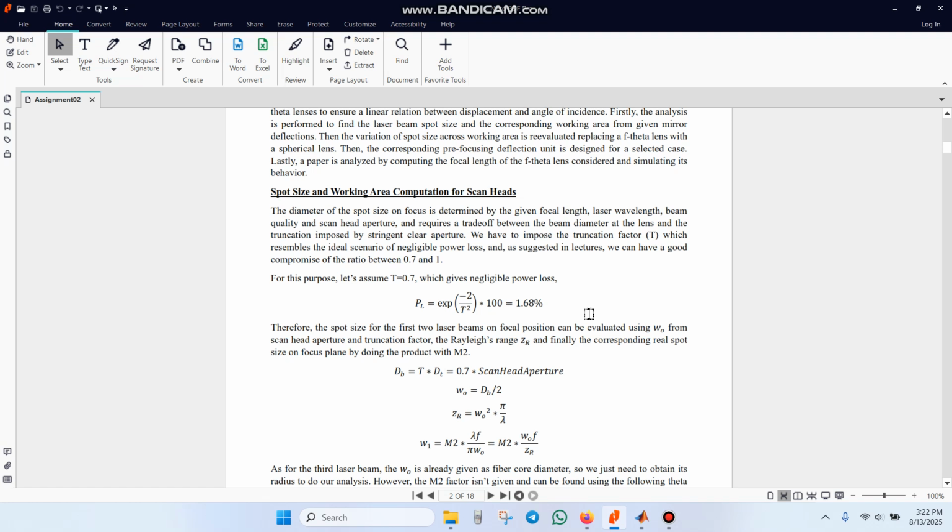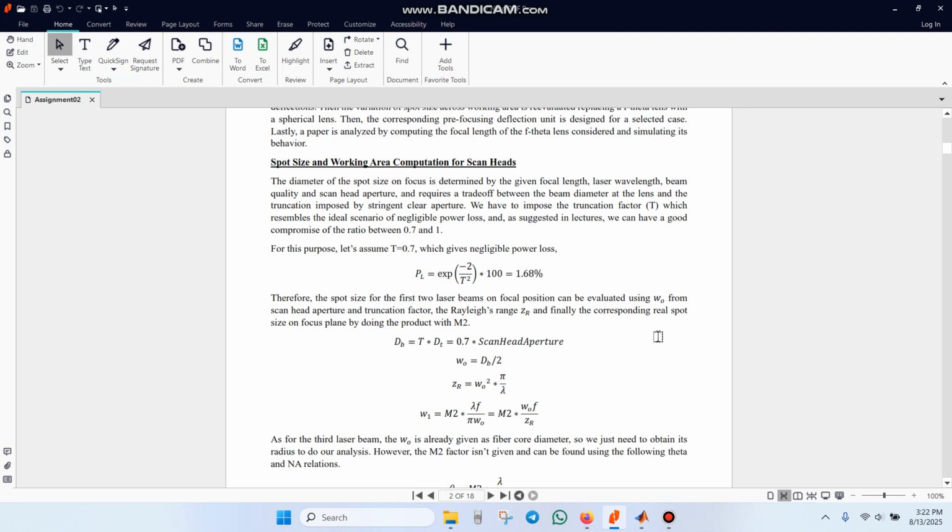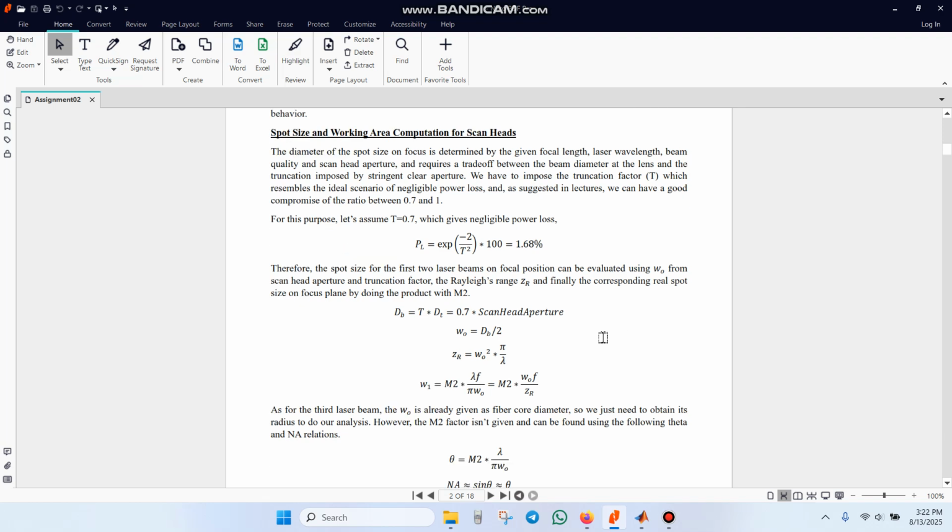So we proceed with the analysis using a truncation factor of 0.7, which corresponds to a power loss of 1.68%, which is almost negligible. Once we have the power loss and the truncation, we can find the beam diameter by multiplying the truncation with the diameter of the lens itself, as given in this formula, and the initial spot size is essentially half of the beam diameter, dB over 2.